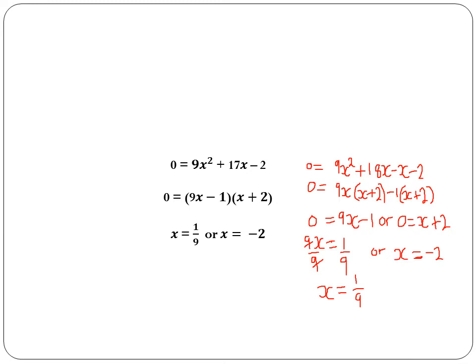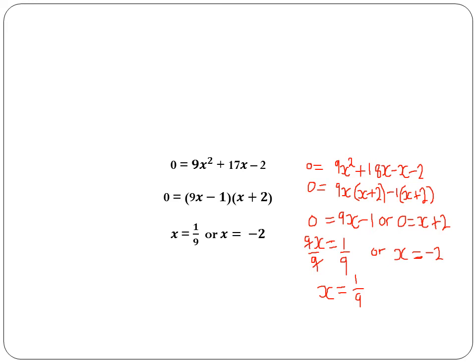But to do so, we find two numbers that when we multiply, we are going to have negative 2, and when we add the two numbers, we have to get positive 17. But you can see it is not possible. So we have to use the negative 2 to multiply 9. We are going to have negative 18.